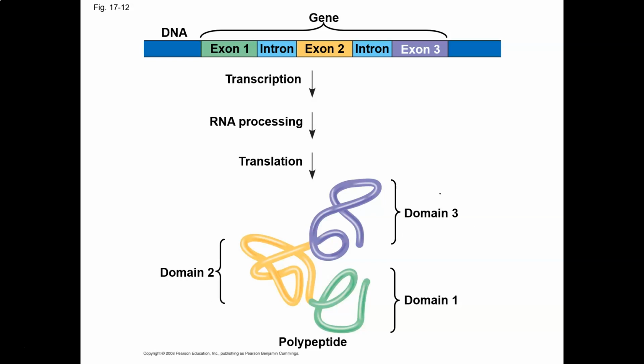For example, if this is an enzyme, perhaps domain 1 contains the active site, and domain 2 might be an allosteric site, or it might bind with a regulator or inhibitor, and maybe domain 3 would help anchor the protein in the cell membrane. So often these exons, even though they do get spliced together and translated into a single protein, they often do correlate with specific functional domains in the protein.